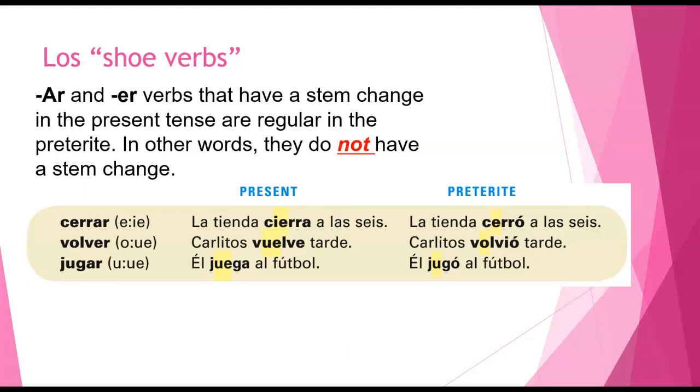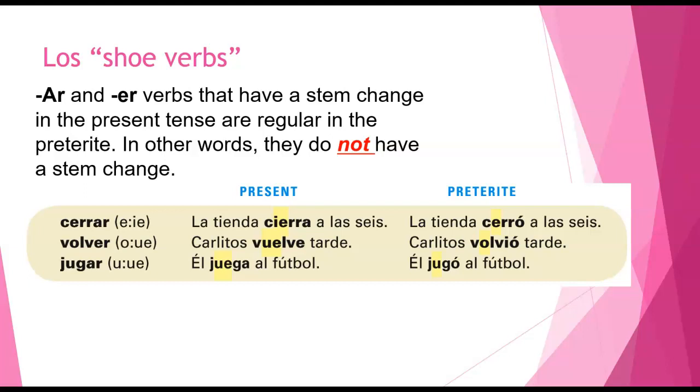Okay. Los shoe verbs. Now, we're not going to talk about IR verbs at this moment, but AR verbs and ER verbs that have this stem change or the shoe verb in the present tense do not have that in the preterite tense. In other words, they are regular in the preterite tense. Okay, so a verb, for example, like cerrar, which is E to IE, in the present, la tienda cierra a las 6. In the preterite, there's no change. La tienda cerró a las 6. Volver, which is O to UE.